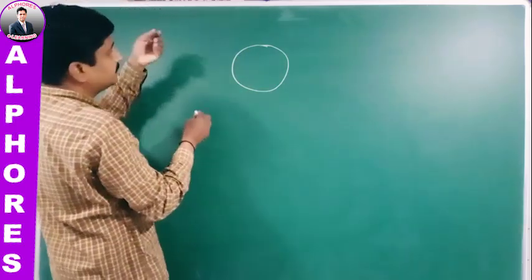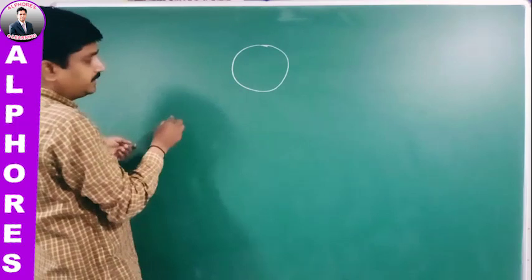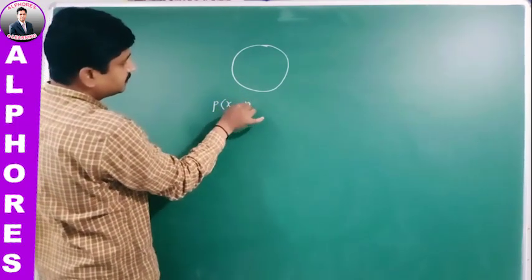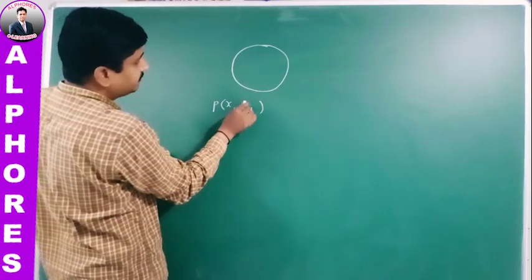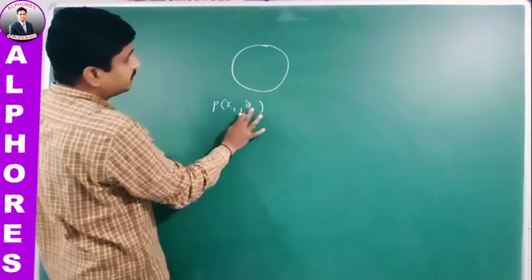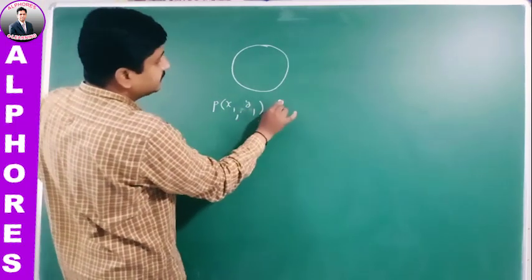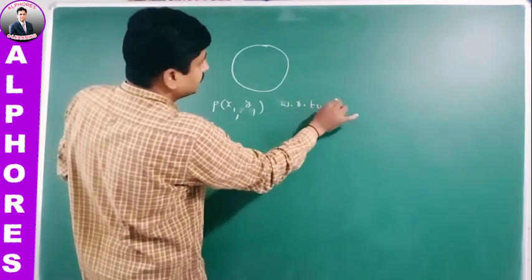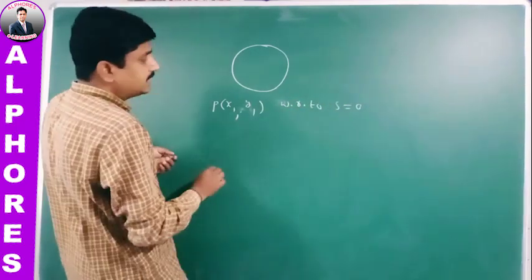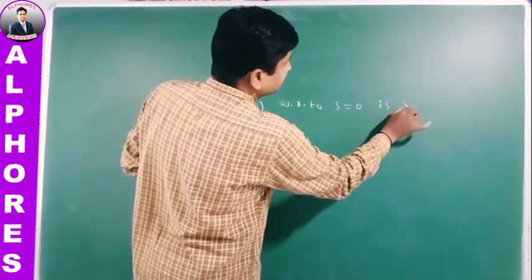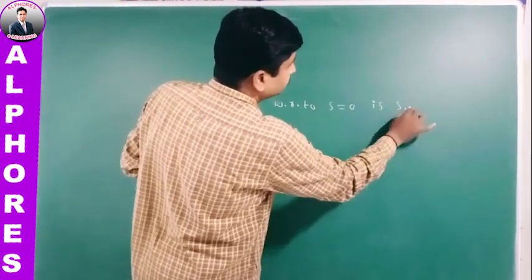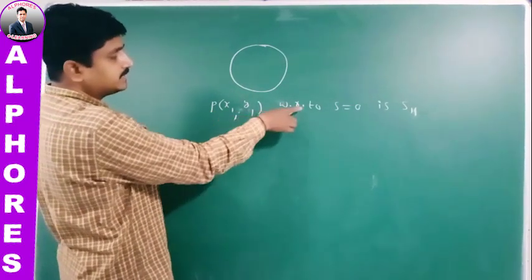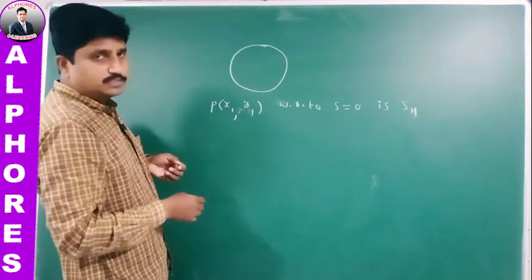The power of the point P (x1, y1) with respect to a circle S = 0 is S11.